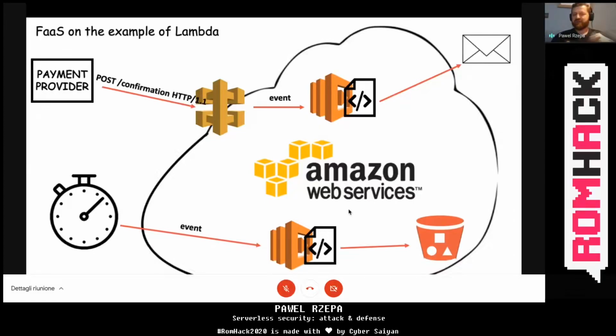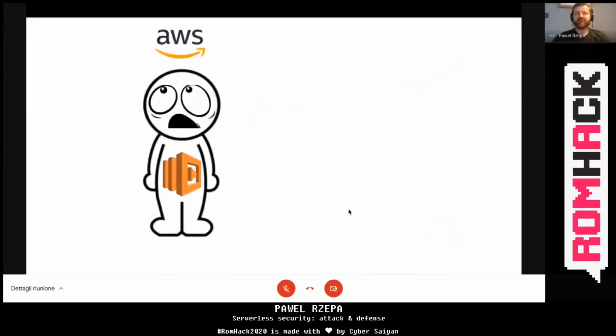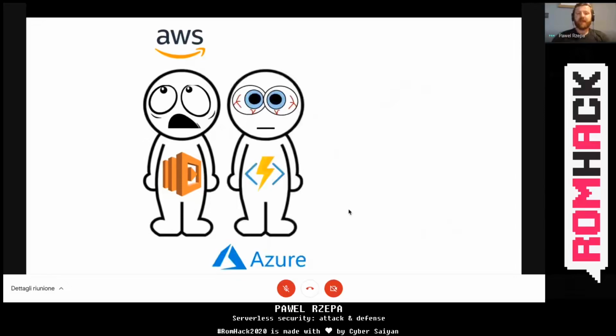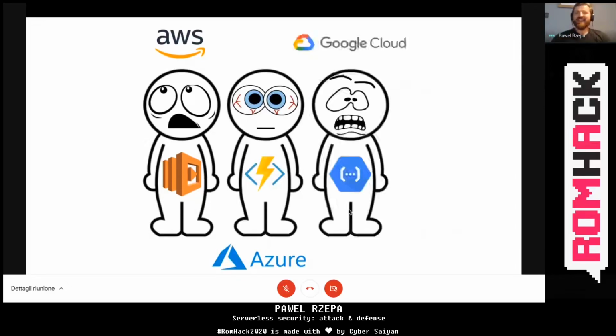And every serverless application is built from such code blocks called function as a service. And every big cloud provider has their own implementation of function as a service. In AWS, it is called Lambda function. In Azure, it is called Azure Function. And in GCP, the Google Cloud Platform, it is called Cloud Function.